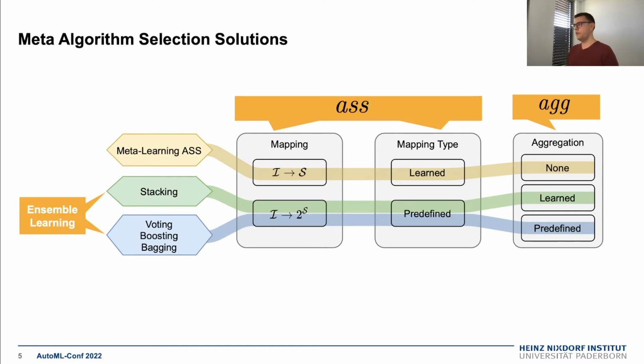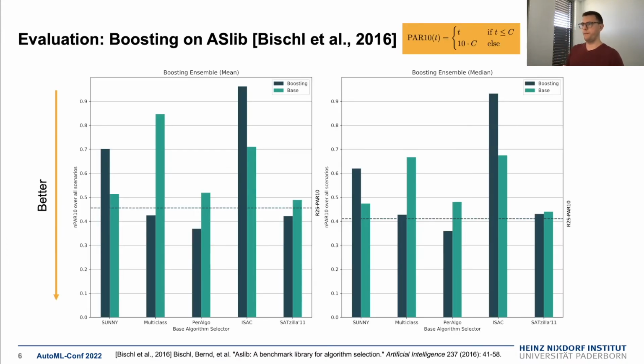Whereas in voting, boosting, and bagging, the aggregation function is basically predefined depending on whatever you want to have here. And it turns out that this direct way at the top doesn't work too well, whereas the ensemble learning techniques actually tend to work extremely well.